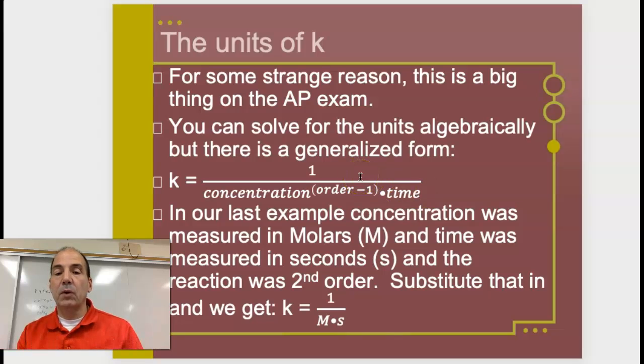Okay, so think about that one. We said that that last reaction was second order, so 2 minus 1 is 1. We said the concentration was molars, the time was seconds, so I have 1 over molars times seconds. Okay, so that's really where the units are coming from. Well, really, the algebra is where they're coming from, but this is a way that will work all the time too, so you can always figure out the units that way.